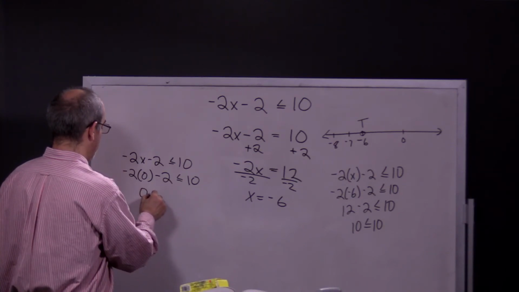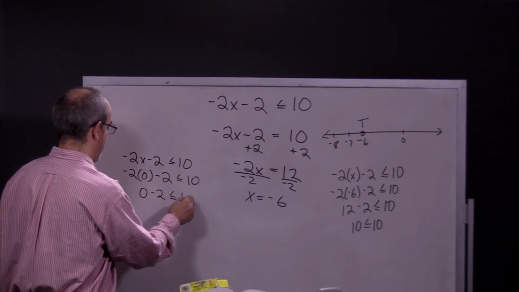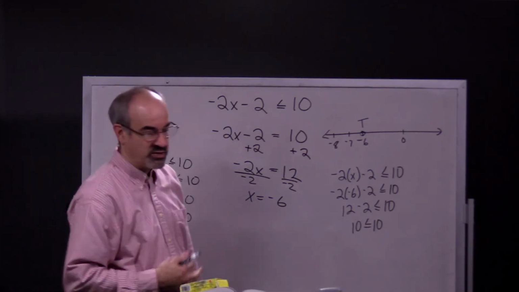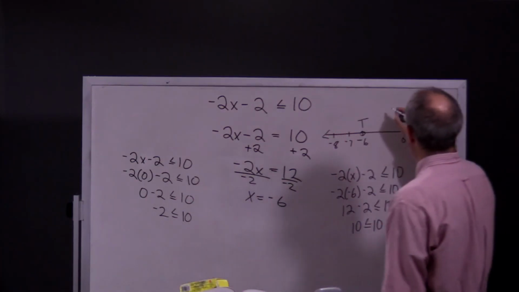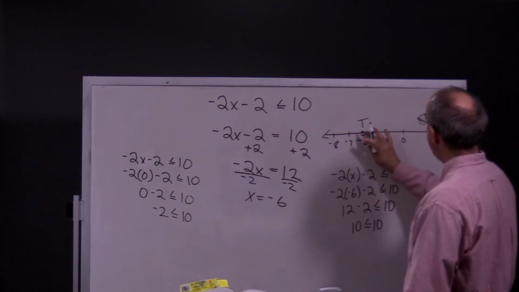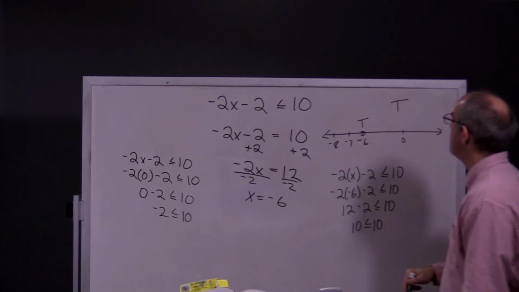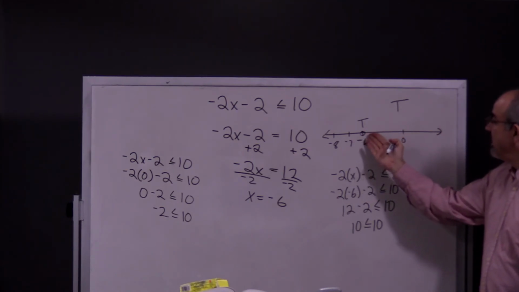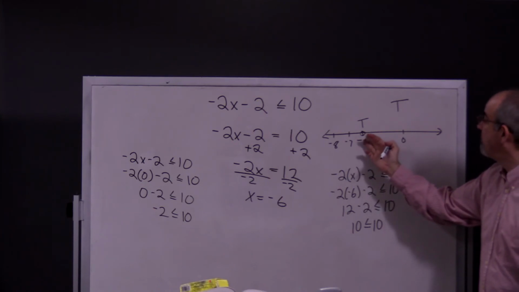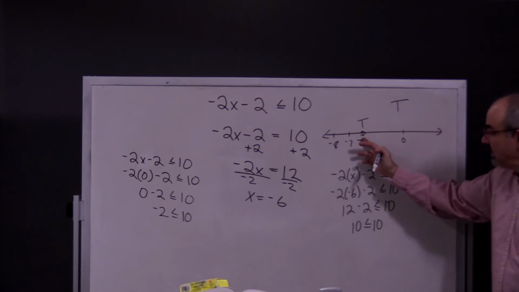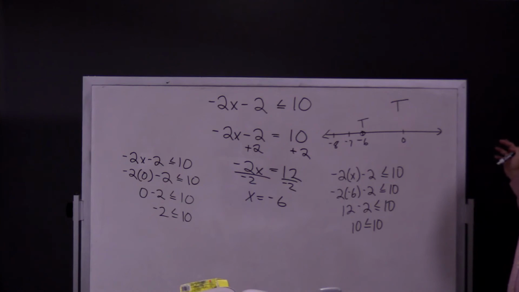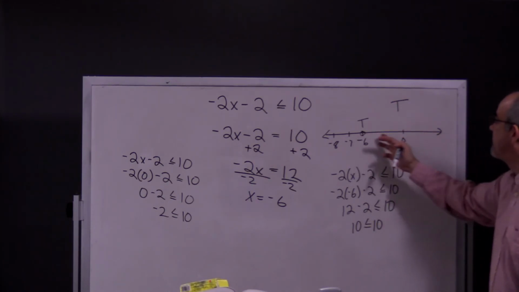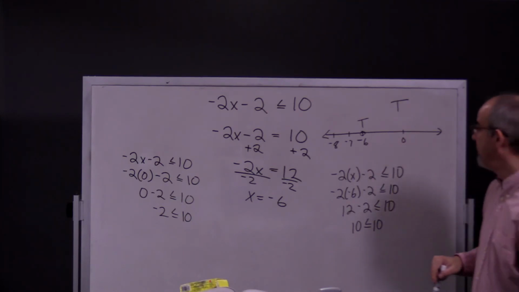You get 0 minus 2 is less than or equal to 10. Negative 2 is less than or equal to 10. Is that true or false? It's true. So that means everything up here is true. It doesn't mean just from 0 on is true. If you test any point from here to infinity and it works, that means everything to the right of negative 6 works.